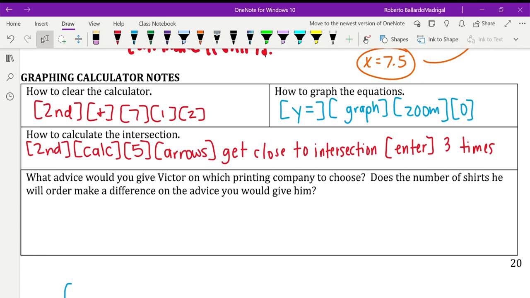Second, and then trace, and go to 5, and then you're gonna move this to the right until you get close to the intersection point. Closer. Close, close, close. Until you're right on top of it, and then you're gonna hit enter 3 times. That's good. 1, 2, 3. There you go.